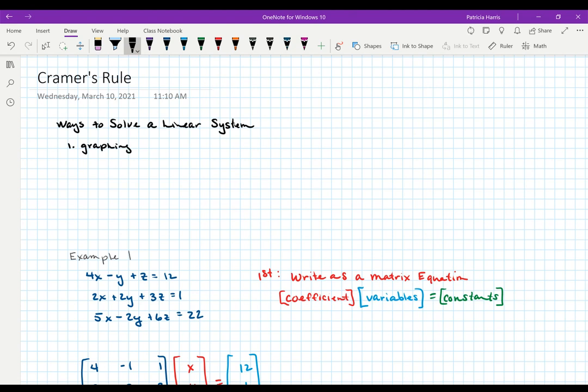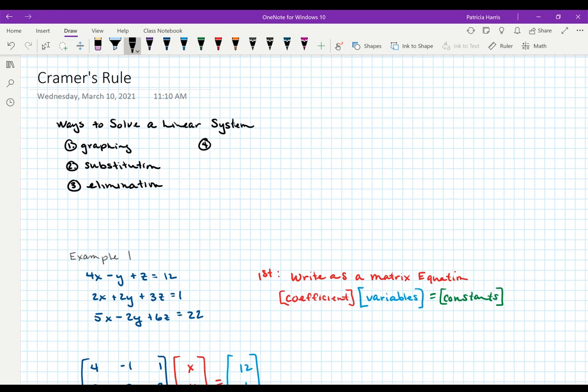then substitution, where you solved for a variable and then you substituted back into another equation. Elimination, where you used addition of the two equations to get rid of one variable temporarily.